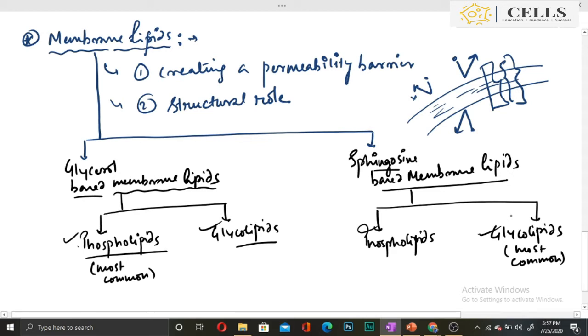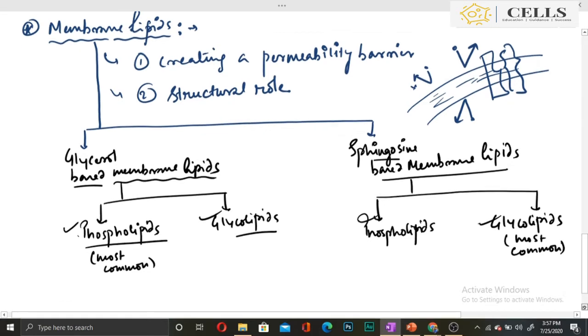Okay. Now, very good. Chalo, so let's see. Let's go to the first part: glycerol based phospholipids.